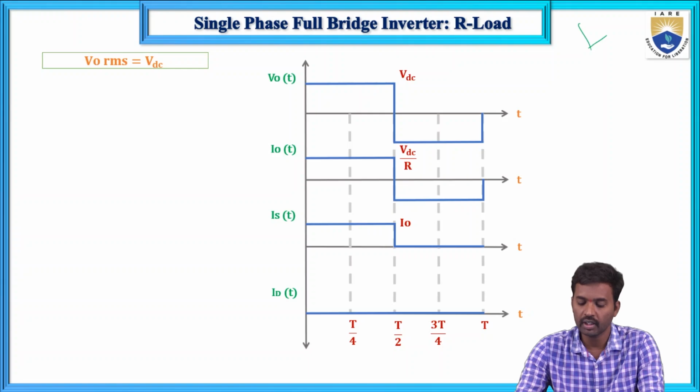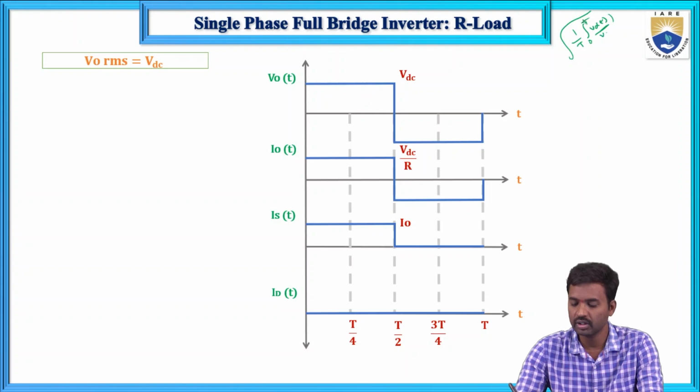Here how will we calculate the RMS value? There is a formula: square root of 1 by T integral from 0 to T of V0 squared of T. Here V0 equals VDC only.